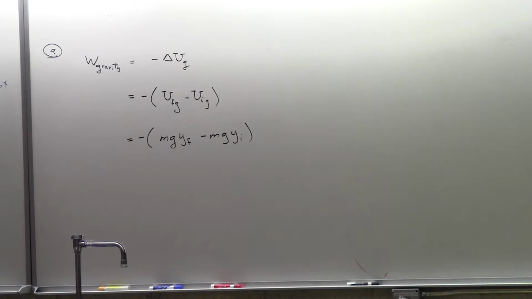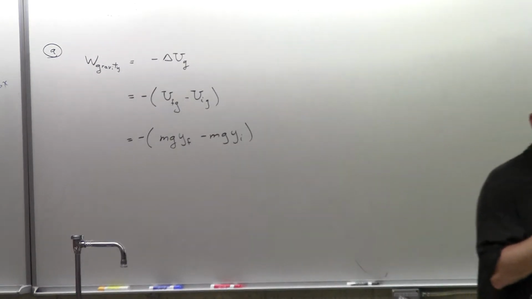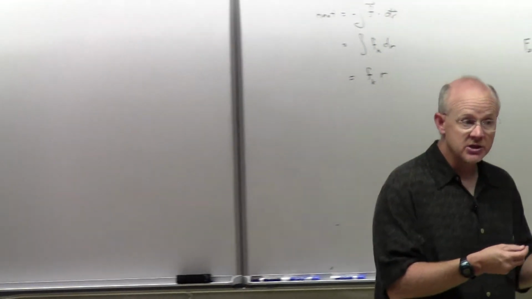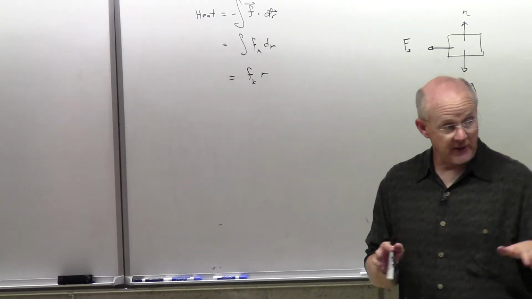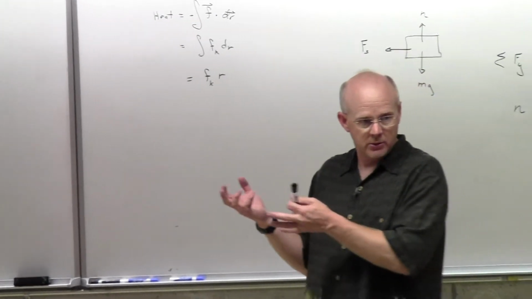Oh, by the way, would you expect this to come out to be a positive number or a negative number? Yeah, why negative? Right, negative work means things tend to slow down. Positive work means it tends to speed up. And so I think you can see that something going up the hill has a tendency by gravity alone slowing down.